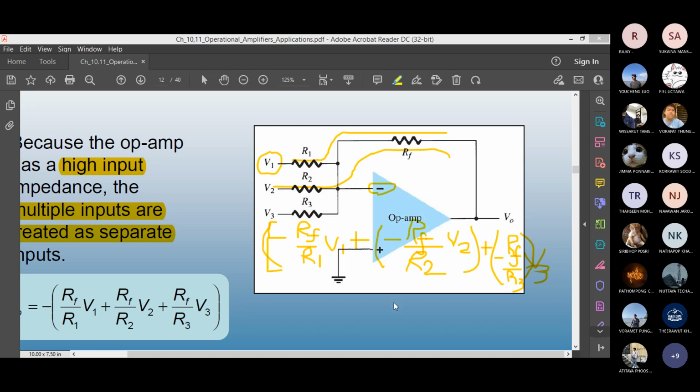Did anyone have any question about the summing op amp? No. Okay, in a few moments from now, we will switch the screen to our collaboration space inside Microsoft Teams. I just need to make a few edits before I can show you the screen.